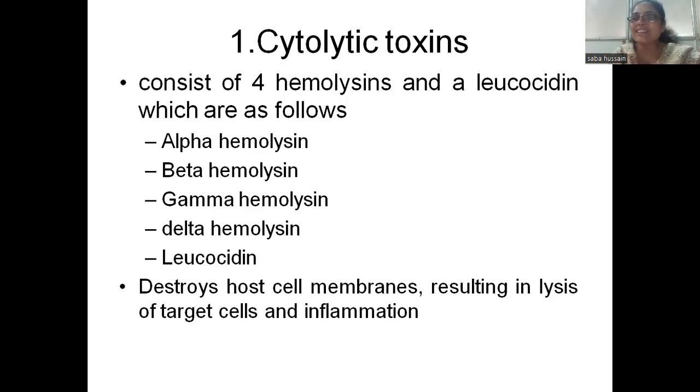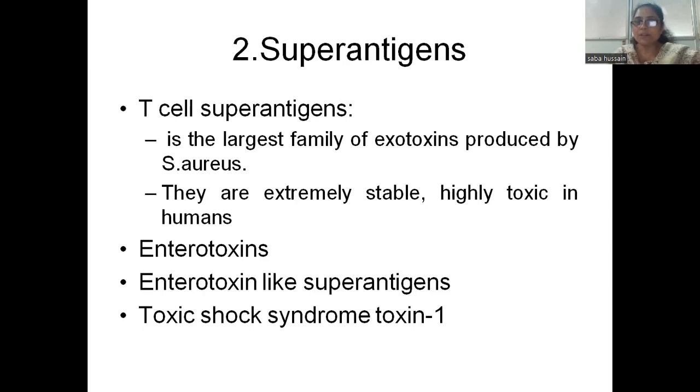And once it has entered inside the cell, it has started using host machinery for its growth and reproduction, taking the nutrients, and that was done through exoenzymes. Now these toxins are doing what? They have started damaging the cell membranes of the host cell, resulting in lysis of the target cell and causing inflammation to the host cell.